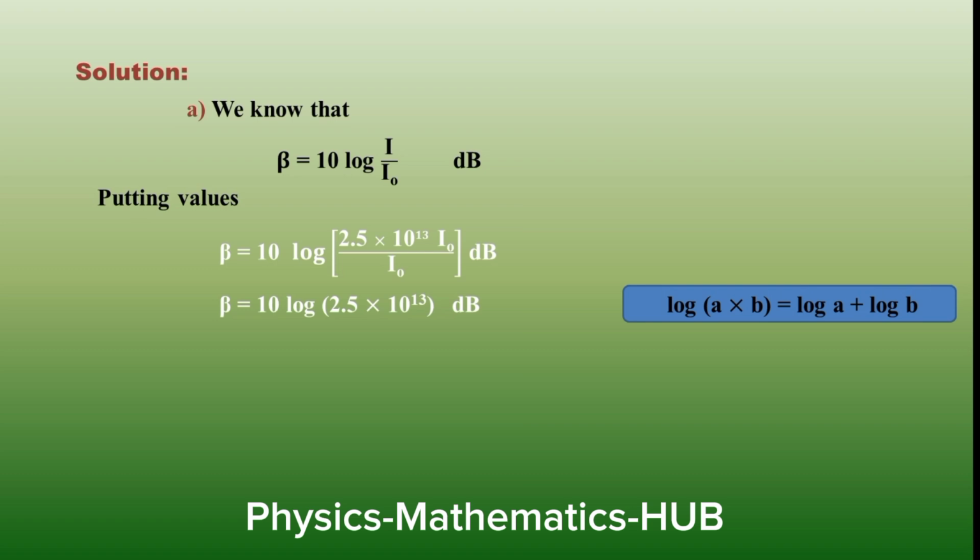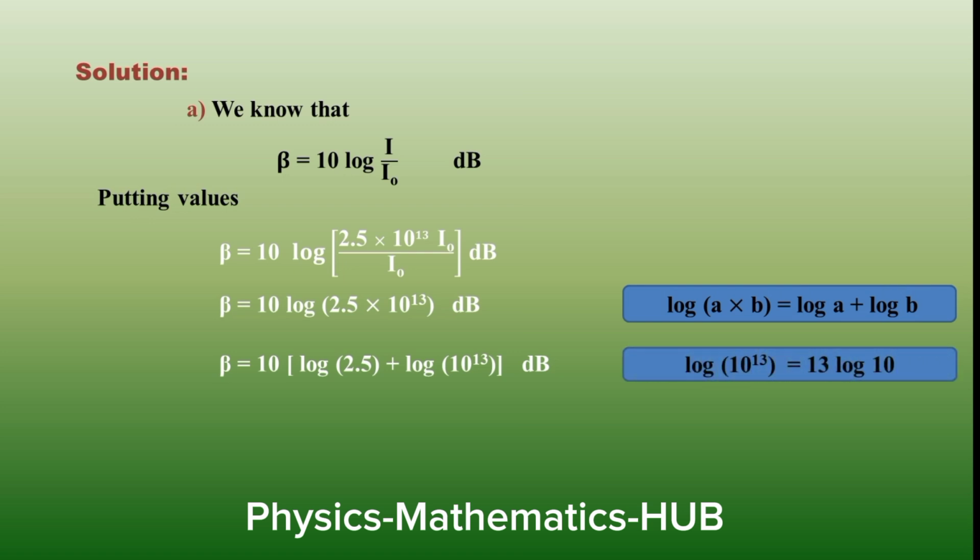Here we are going to use a formula: log of A multiplied by B is equal to log of A plus log of B. So beta is equal to 10 times log of 2.5 plus log of 10 to the power 13 decibels.